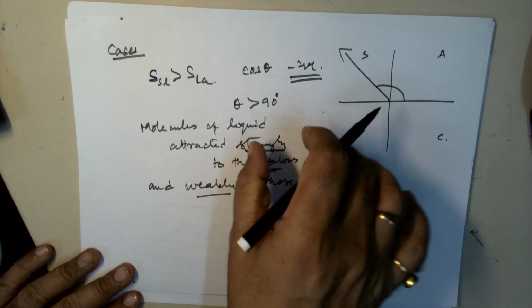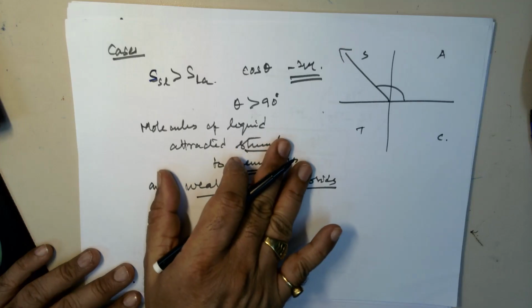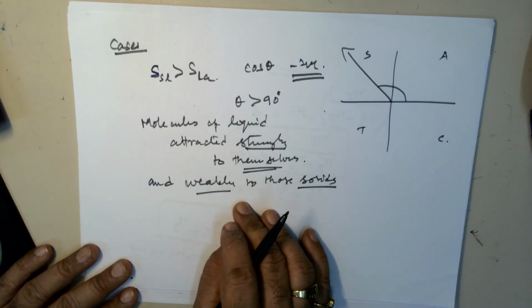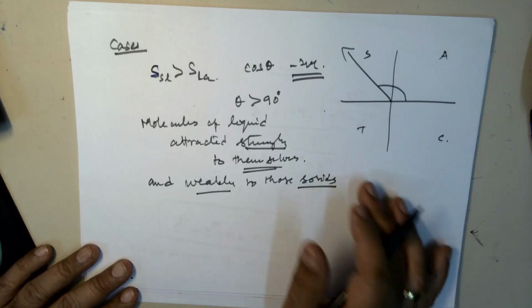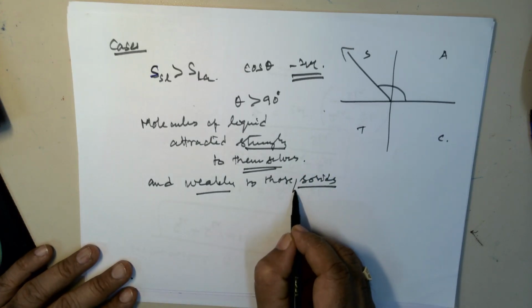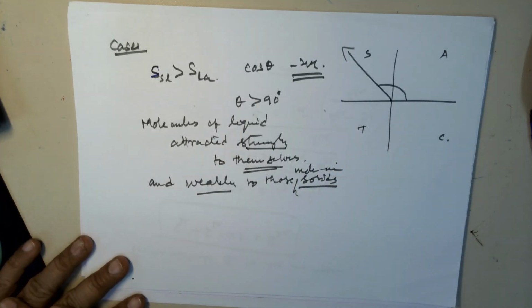It means as far as the liquid is concerned, this is stronger. So the molecules are attracted towards the liquid, but weakly attracted to those of solids, that is, the molecules in the solids.